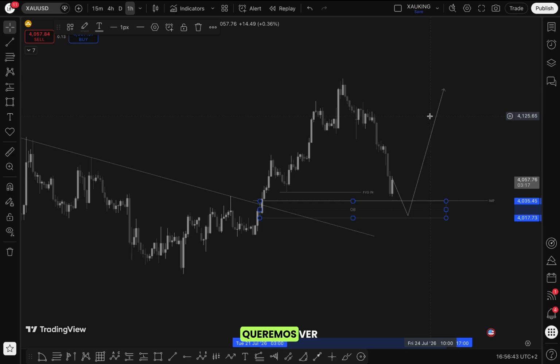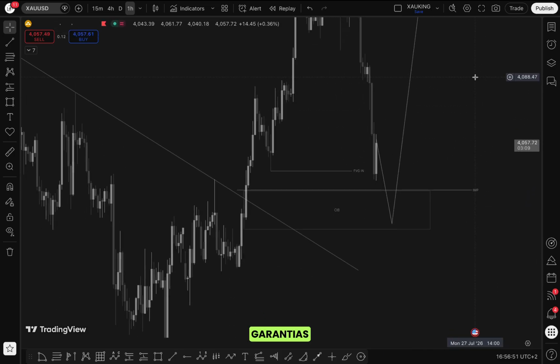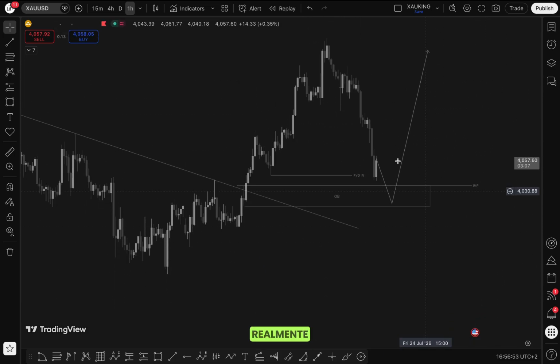So we want to see price coming here. Now, what guarantees do we have that price will actually go here? Right now, we don't have any, but all we have to do is wait.